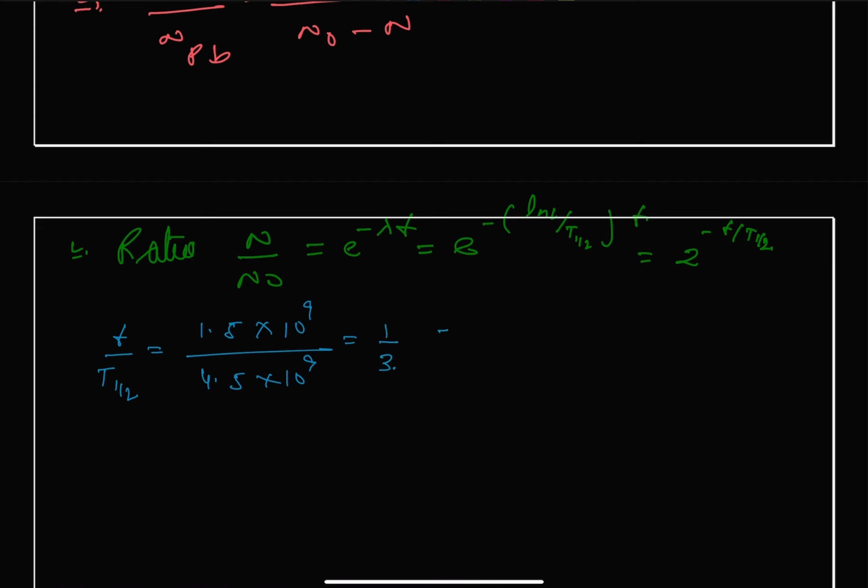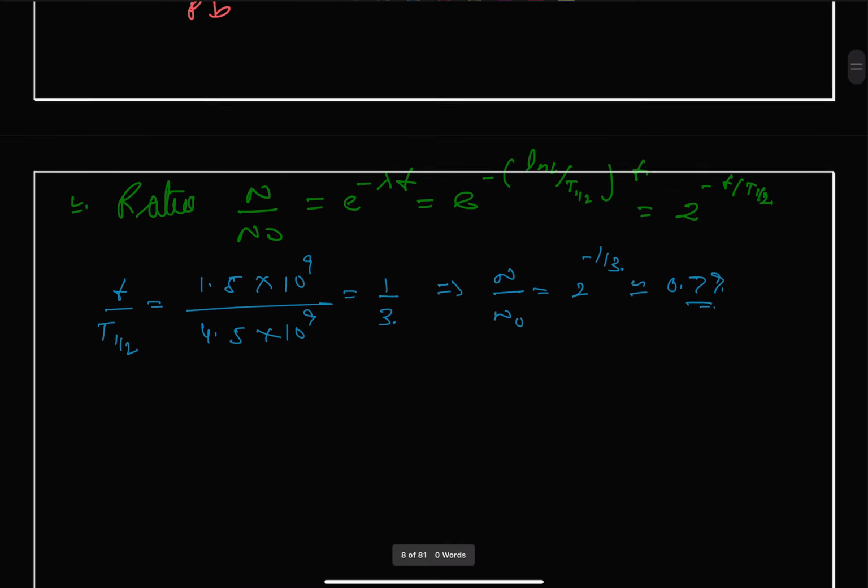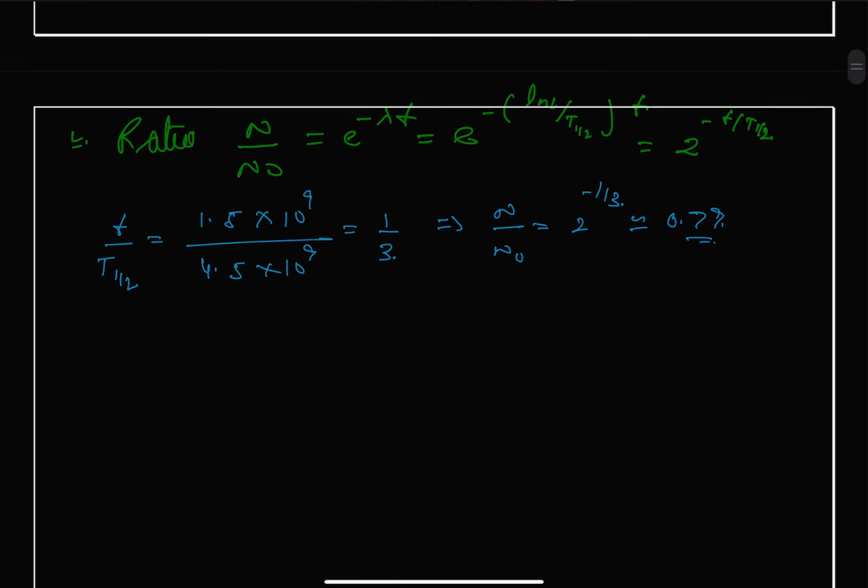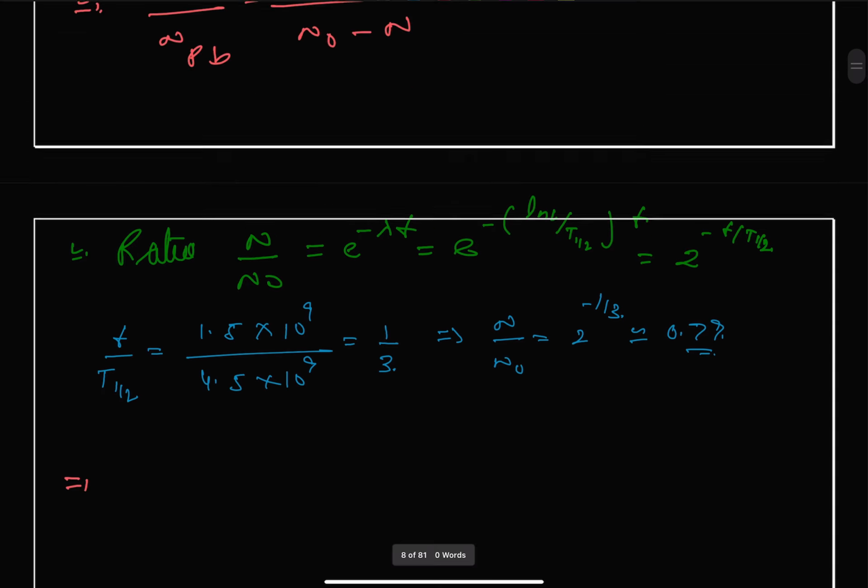Therefore, N upon N naught will be equal to 2 raised to the power minus 1 by 3, which is approximately 0.79.